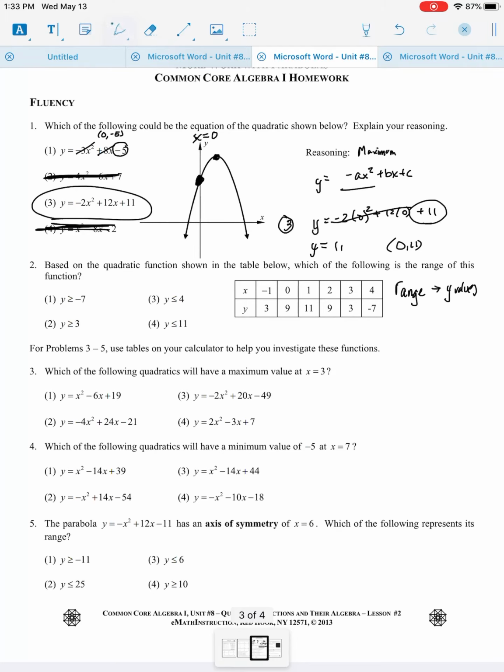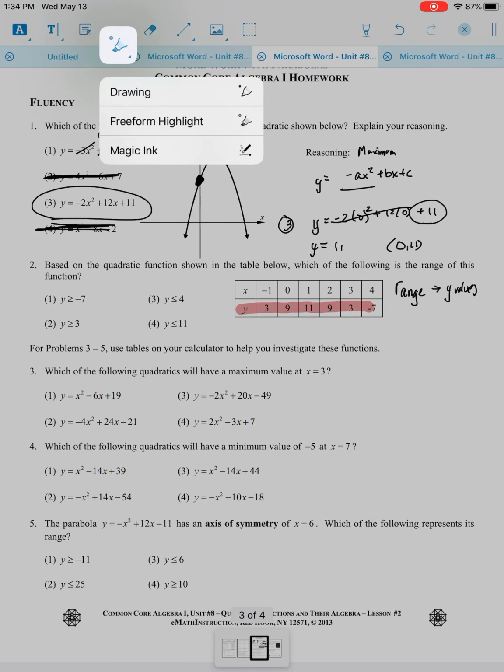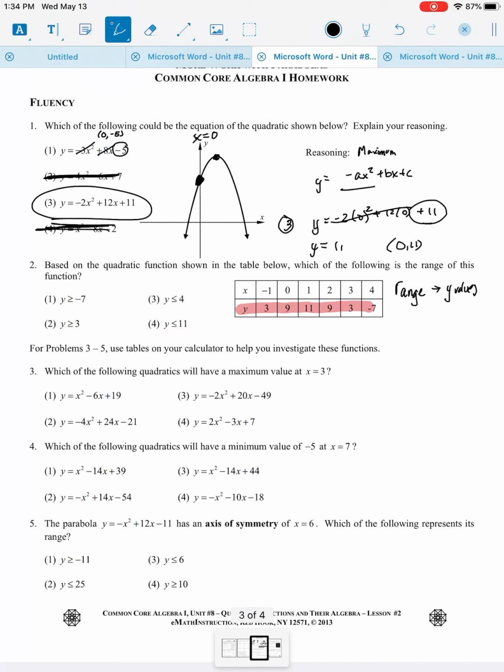So I'm going to just focus in on my y values. Now I see that it looks like I'm going all the way up to a maximum of 11, and then it looks like it's descending on both sides of that maximum.